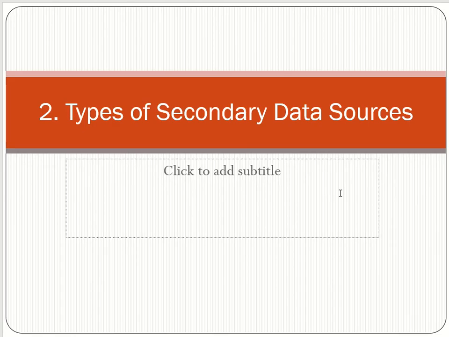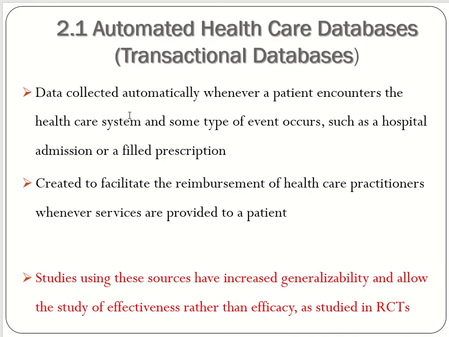So, the types of secondary data source. We're just going to go over the major types. We're not going to dwell too much on them. It's just a very brief introduction. So, number one is automated healthcare databases, transactional databases. Think about it.